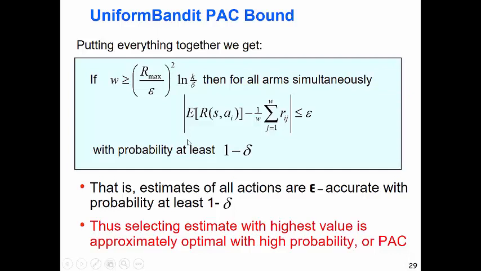So if W is greater than or equal to this quantity, and notice here instead of having 1 over delta prime, we set delta prime equal to delta over k, and so you get k over delta here. This is our main result. So if W is greater than this, then all the arms are guaranteed to be within the epsilon bound with probability 1 minus delta. All right, and so that gives us a value of W that we can use to get our guarantee.